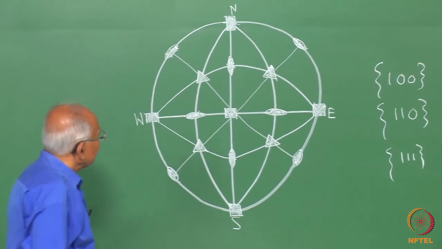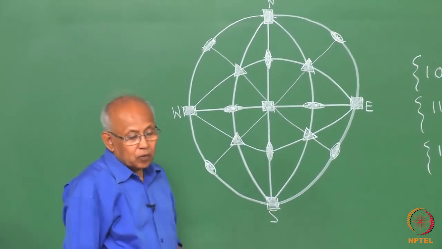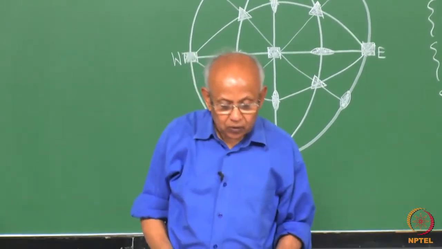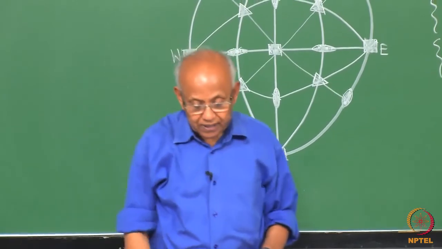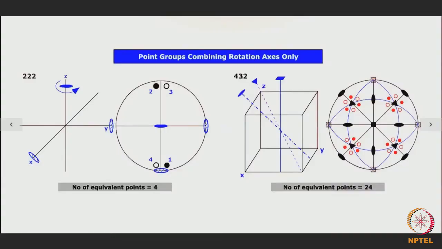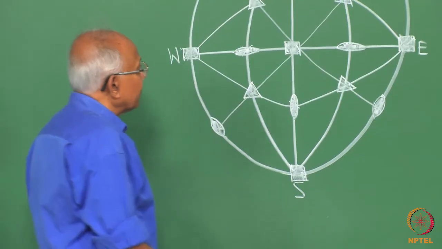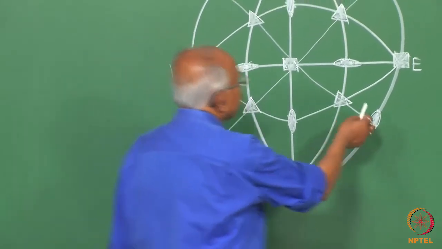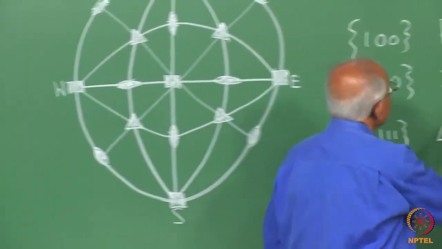Right. So, you see that when you combine 3 rotation axes 4, 3 and 2, that means you are combining 4-fold rotors, 3-fold rotors and 2-fold rotors to give you a distinct point group, then mathematically it can be shown that the relative locations of the 4-fold rotors will be lying here.